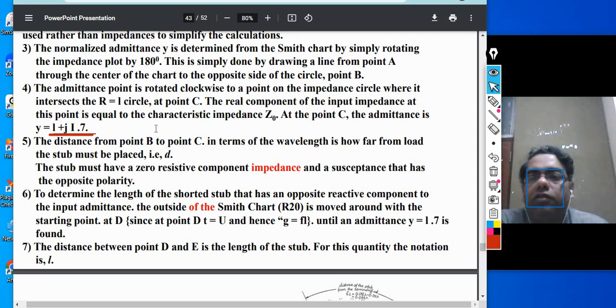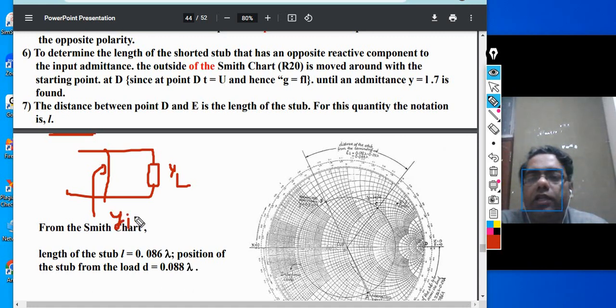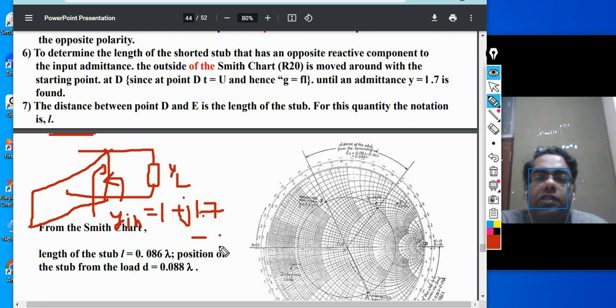So if we are having a load which is YL, and at a distance our input normalized admittance is 1 plus j 1.7, we will connect the shunt stub, and the length of the stub will be such that the input admittance of that stub should be minus j 1.7, so that when it is added with this one, it cancels out and we get 1.